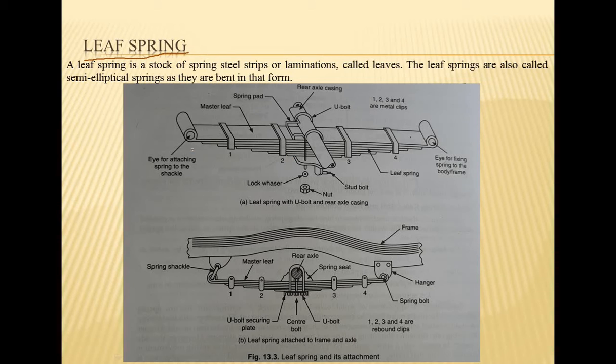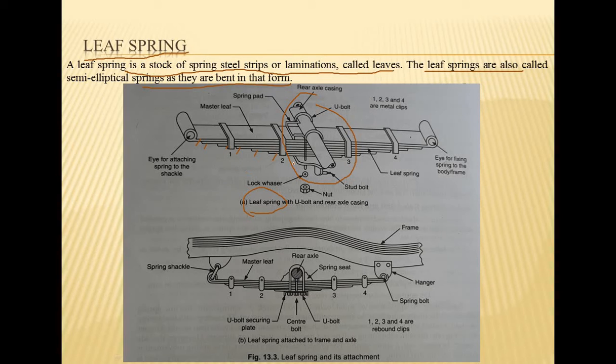As shown in the picture, the leaf spring with the U-bolt and rear axle casing. Here the leaf spring is a stack of spring steel strips or laminations. These are called leaves. The leaf springs are also called semi-elliptical springs, as they are bent in that form. You can see there are many strips. These strips are connected with each other with the help of the U-bolt.